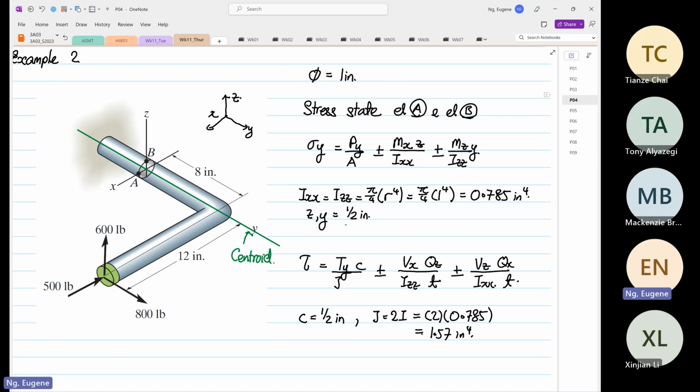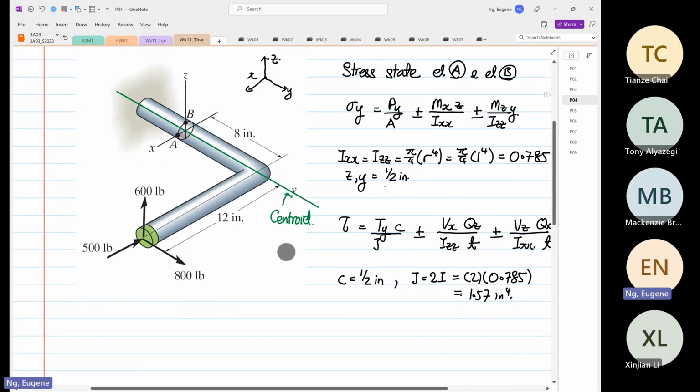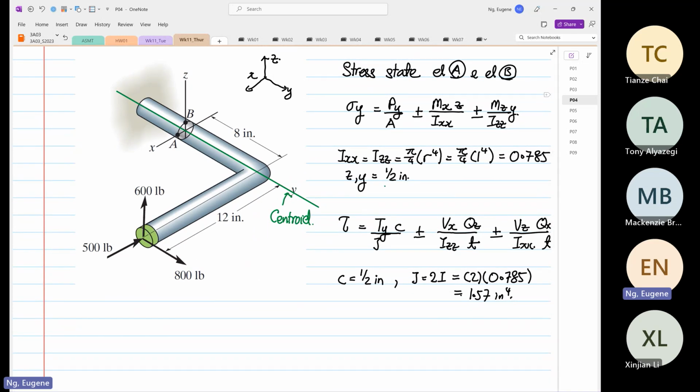Okay, so next we are going to calculate our moments, our torque, and so on. So I'm now going to look at the XZ plane. Okay, so I'm going to change the view.